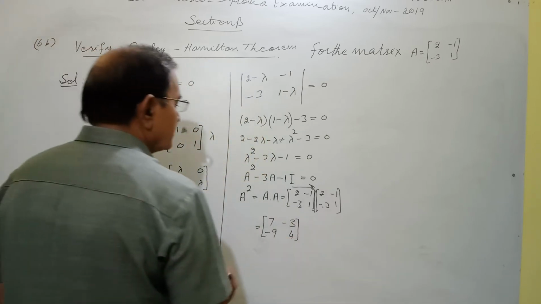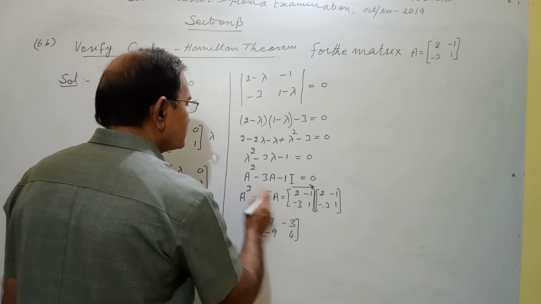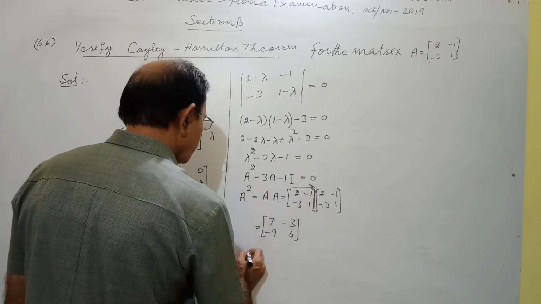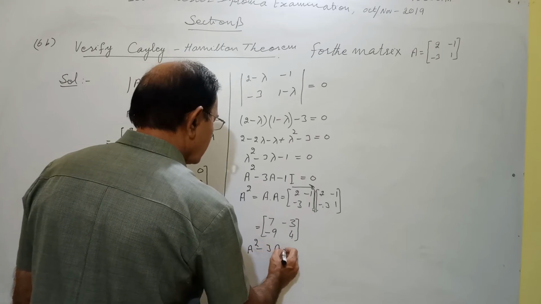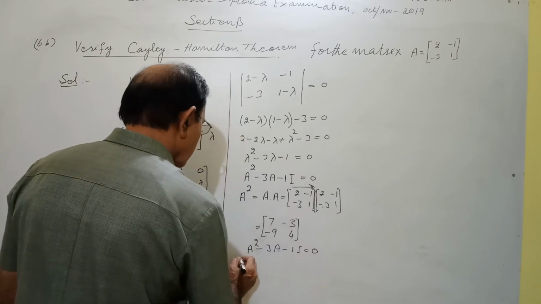A square. A we know, I we know. Thus this equation will come out to be A square minus 3A minus 1I equals 0.